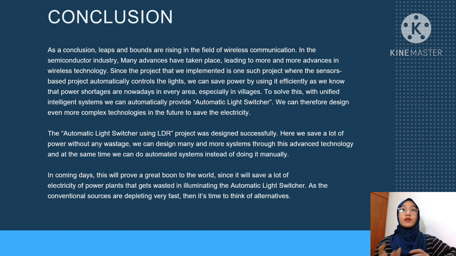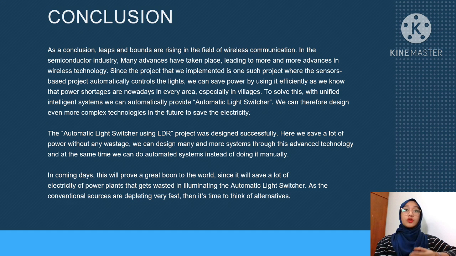We can save power by using it efficiently, as we know that power shortages are nowadays in every area, especially in the villages. To solve this with unified intelligence systems, we can provide an automatic light switcher, and we can therefore design even more complex technologies in the future to save electricity.